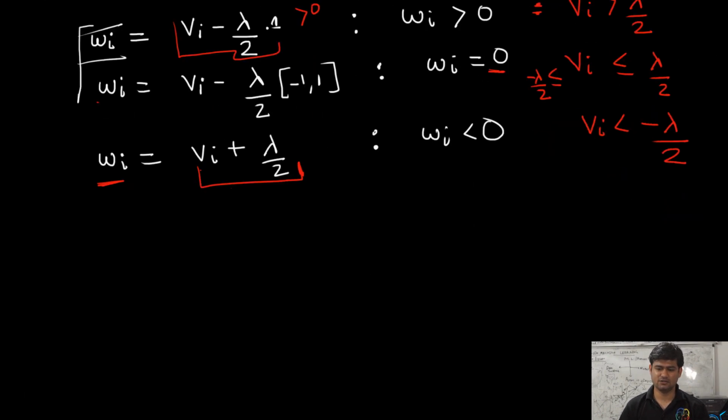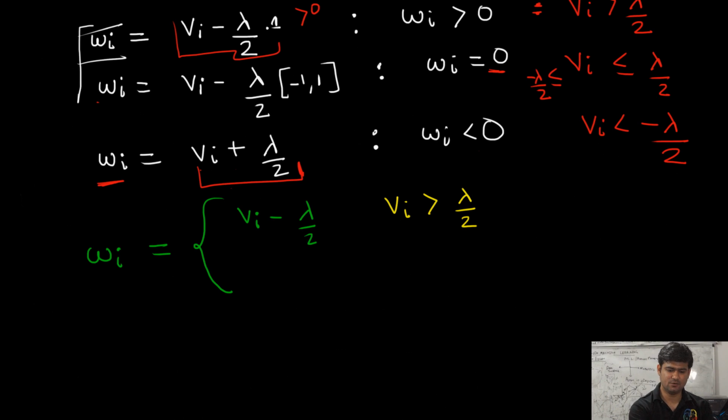So now we can write the solution more effectively as: Wi equal to Vi minus lambda by 2 when Vi is greater than lambda by 2.